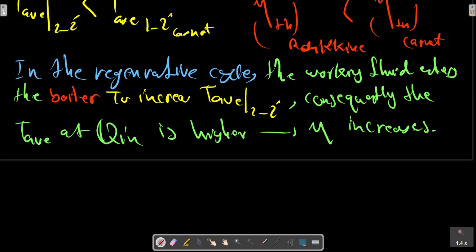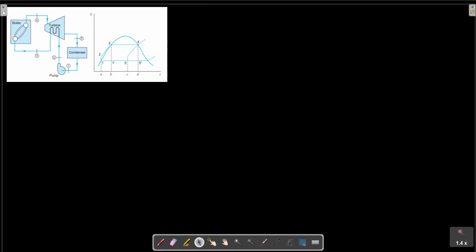For more discussion, consider the first, ideal regenerative cycle as shown in the next picture.